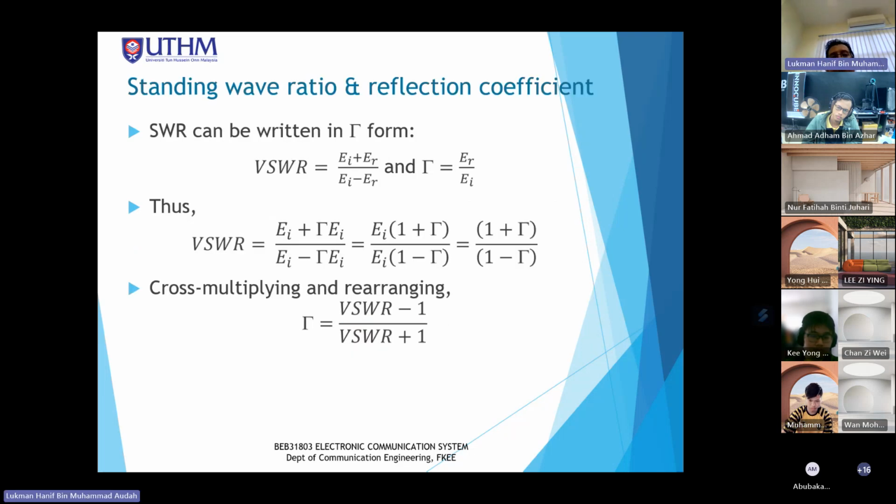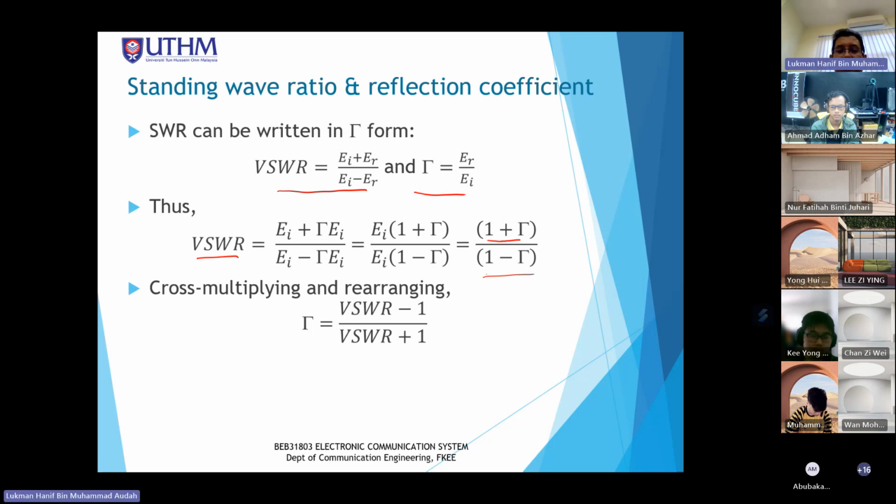Now the relationship between VSWR and the reflection coefficient. VSWR is Vmax over Vmin, and the reflection coefficient is the reflected voltage divided by the incident voltage. If we combine both of these, VSWR is equal to 1 plus the reflection coefficient divided by 1 minus the reflection coefficient.